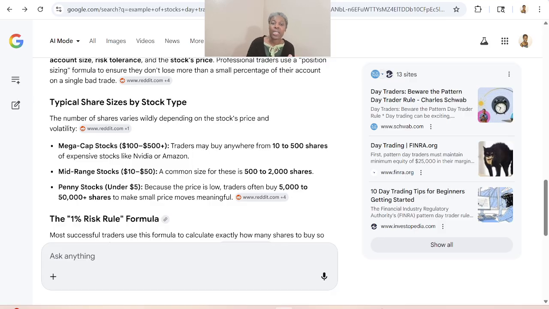But again, unless they are volatile stocks, they will only fluctuate within cents, unlike stocks that are expensive, that will fluctuate within dollars.